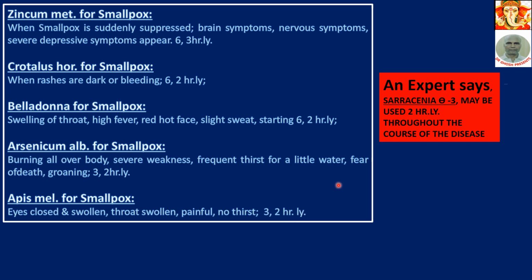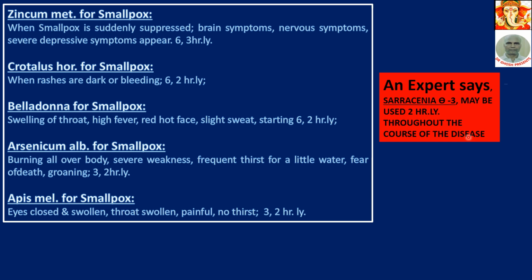On the right hand side, an important saying: an expert says Sarracenia mother tincture, 2x, 3x, that is mother tincture or 1x, 2x, 3x, etc., may be used early throughout the course of the disease.